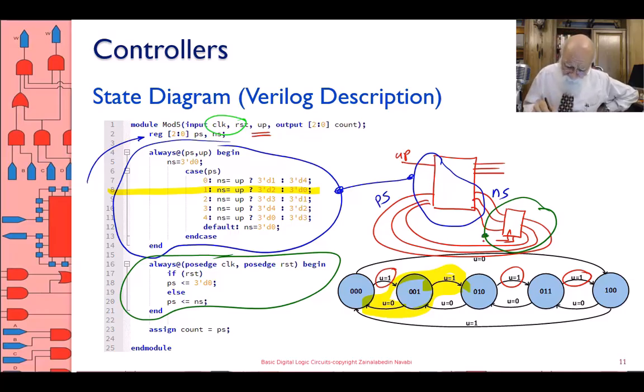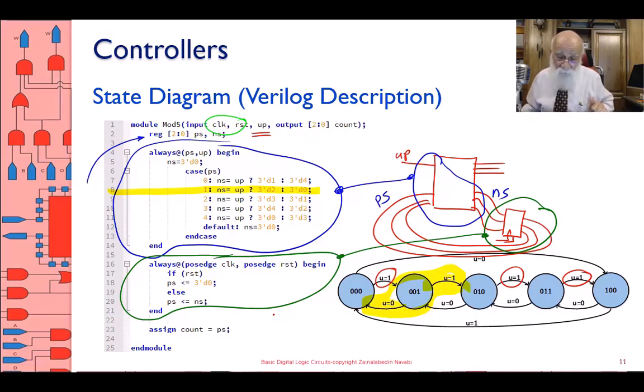Here I only have an asynchronous reset, and therefore I describe this in terms of asynchronous reset. If reset is active high, then my present state, which is the output of the flip-flop, becomes 000. Otherwise, the input, which is the next state, gets clocked into the present state.